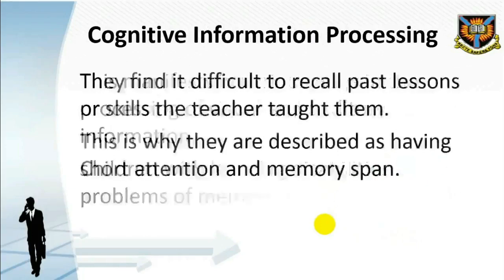They find it difficult to recall past lessons or skills the teacher taught them. This is why they are described as having short attention and memory span. They generally perform poorly on all memory tasks.